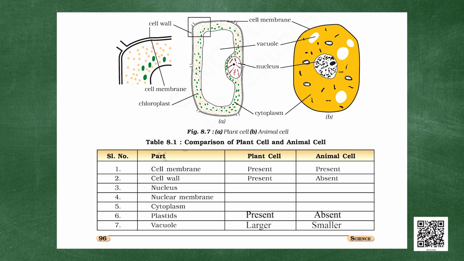Lysosomes are present in animal cell, whereas it is absent in plant cell. Now, can we tell what are the similarities that we can observe in both plant and animal cell? In both these cells, we can find cytoplasm, mitochondria, Golgi bodies, ribosomes, nucleus and cell membrane. Very good.